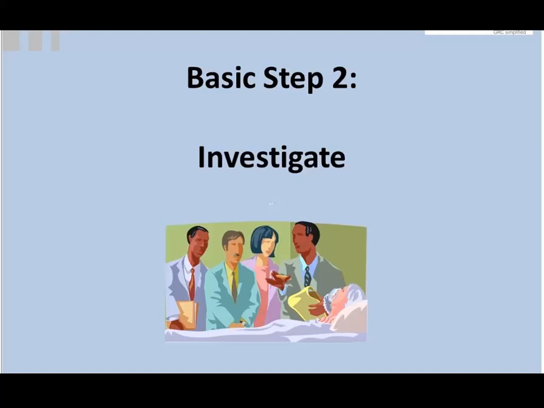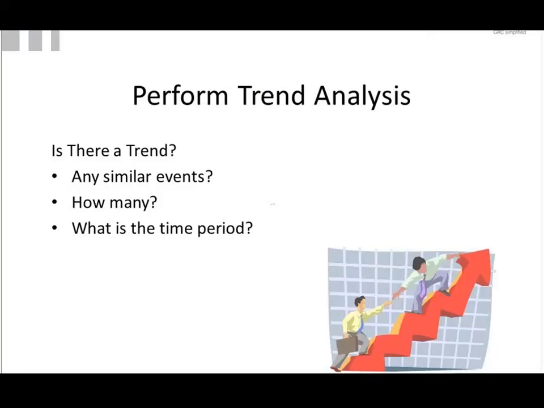Okay, our second of the 4 key steps is the investigation. Here's where you get into a lot of different tools. In your CAPA system, for example, which drives a lot of root cause analysis, you do 2 things. Basically, you react to major problems in CAPA, but then you also do trending.